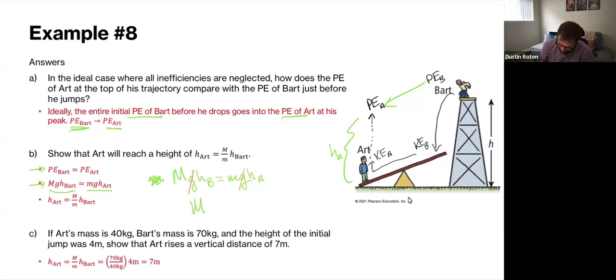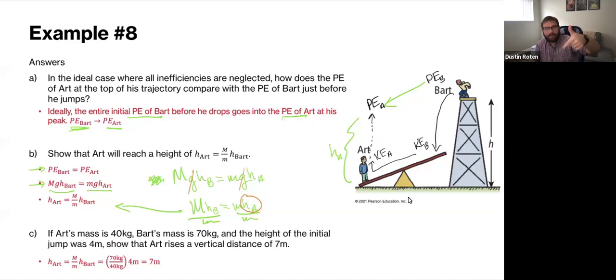And that'll leave us with big M h Bart equals little m h Art. Now we want to write this in terms of Art's height, so we want to solve for this term. Well, we can divide both sides by little m, and that leads us to this final point.